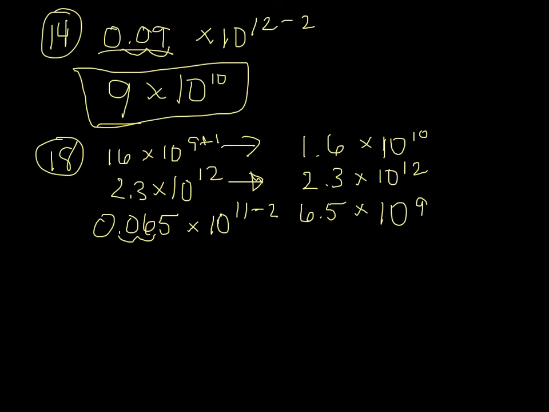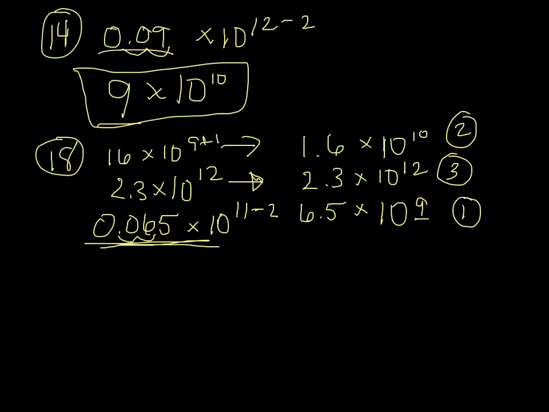Okay, so I'm going to reread my directions here, from least to greatest. Well, I know the smallest one's going to be here because it's only got a 9. Then I'm going to go to the 10. That'll be my second. Then I'm going to go to the 12, which will be my biggest number. When I write my answer, though, I need to write them how they wrote them in their original format.